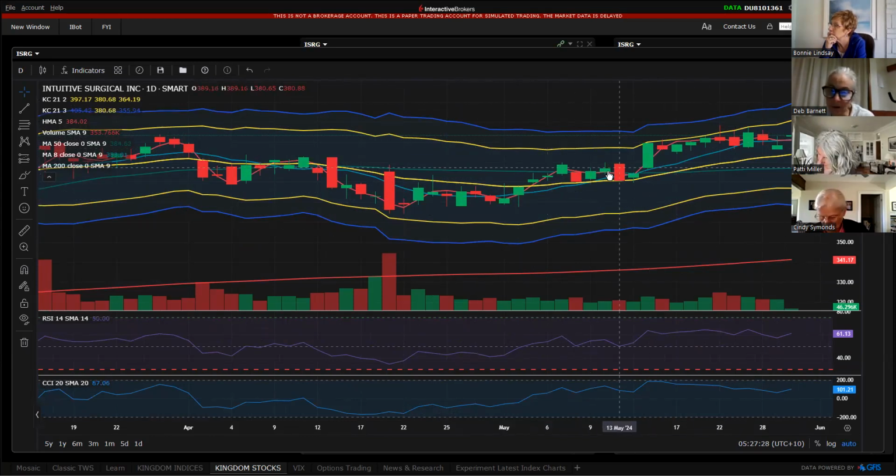It is trending up. Are you guys seeing my screen? Yes. Now, here's our new low, and the little dash line that goes across to the right is 396.49. So that's the low.